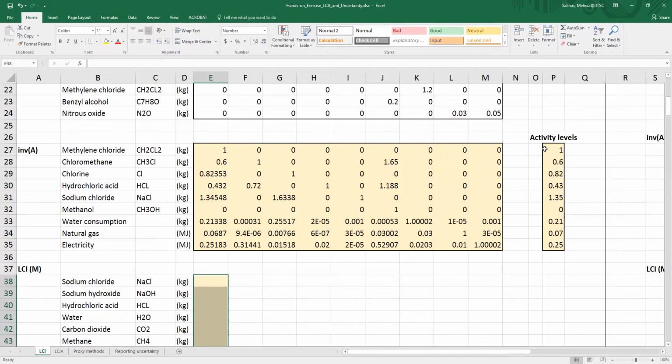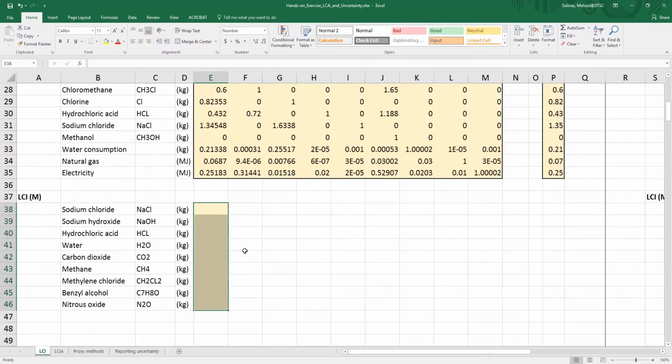If we multiply the elementary flows needed for producing one unit of each by the amount of chemicals to be produced for 1 kilogram of methylene chloride, we can calculate the total elementary flows needed for producing 1 kilogram of methylene chloride throughout its life cycle.